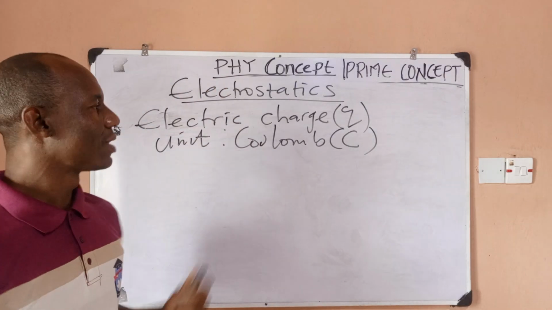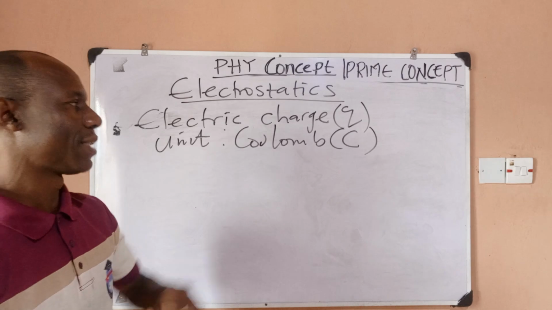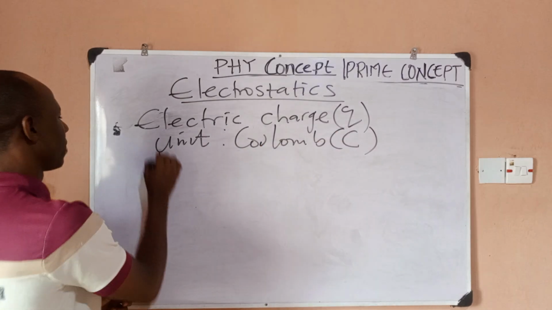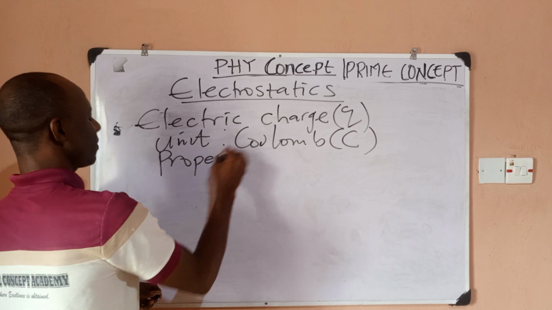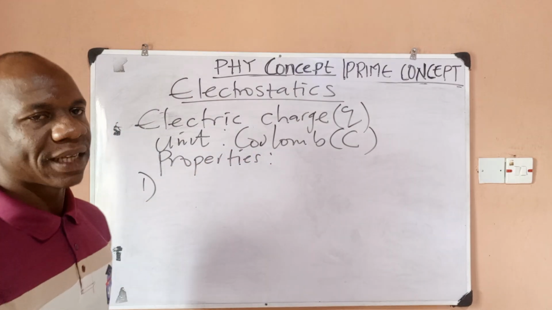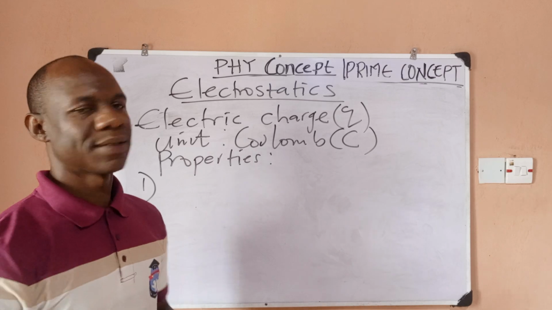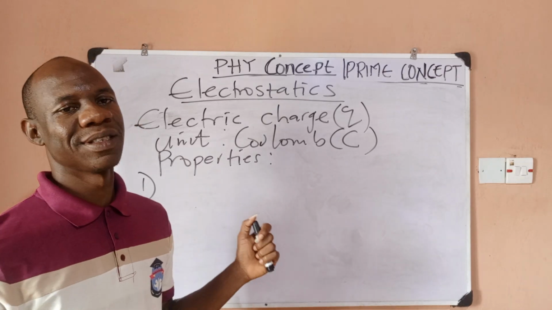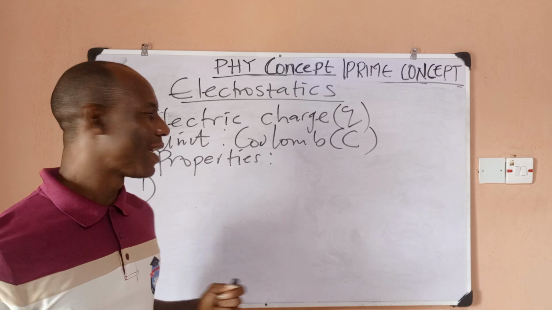Now we want to look next into the properties of charge. So charge would have so many properties and we need to know them. What is one property of charge we need to know? One and first property of charge you should know is that charge is a scalar quantity. Electric charge is a scalar quantity.